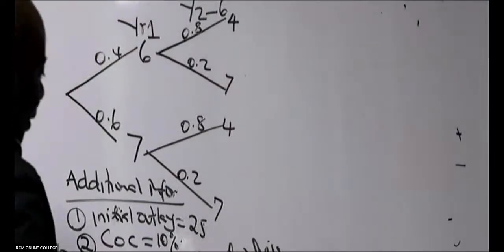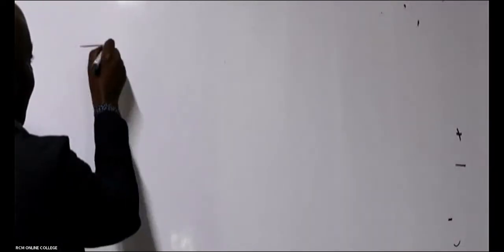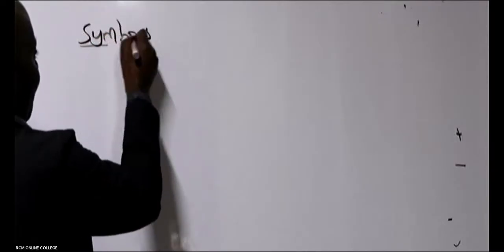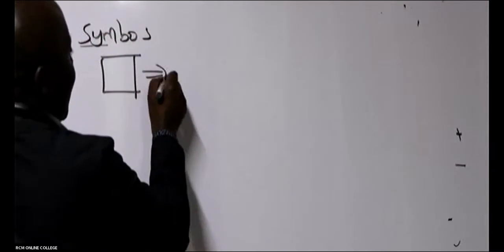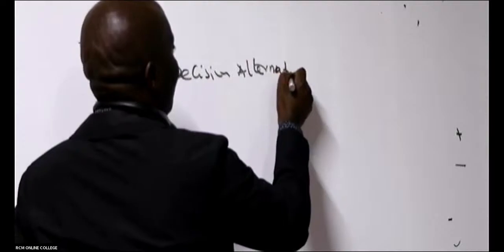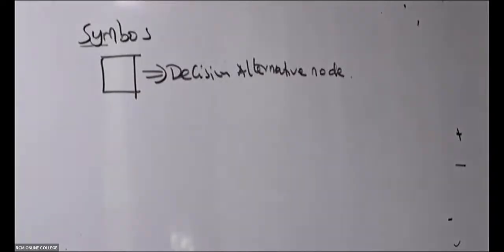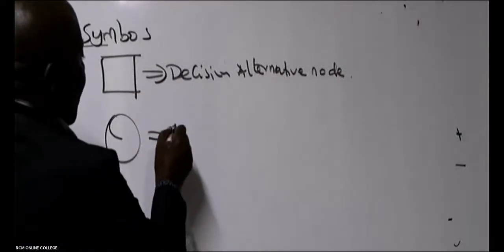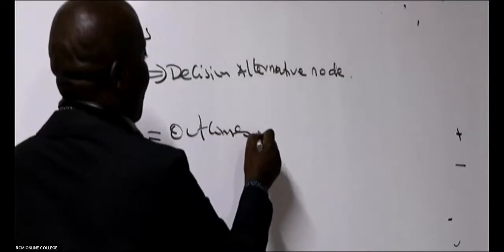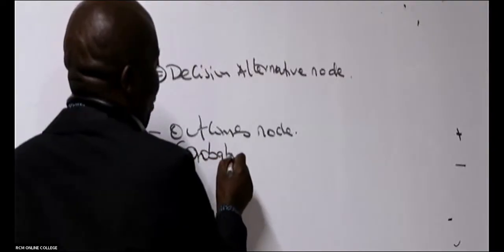Great. So now we are using a decision tree, very easy. Remember that a decision tree will have a box and a circle node, the symbols we use. So we have a box, which is the decision alternatives node. And then we have a circle, the outcomes node for probabilistic events.